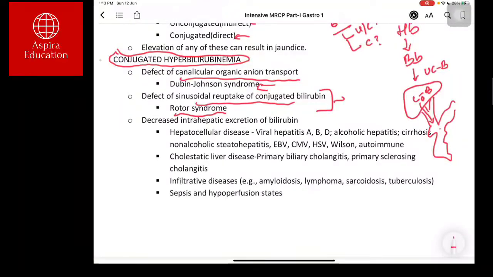It is seen in biliary cholangitis, sclerosing cholangitis, and other infiltrative diseases like amyloidosis, lymphoma, sarcoidosis, and tuberculosis, which can form granulomas obstructing the pathways or the canaliculi, so that the bile is being sent into the canalicular system, but the canalicular system is blocked somewhere. Hence, the bilirubin seeps out into the system.